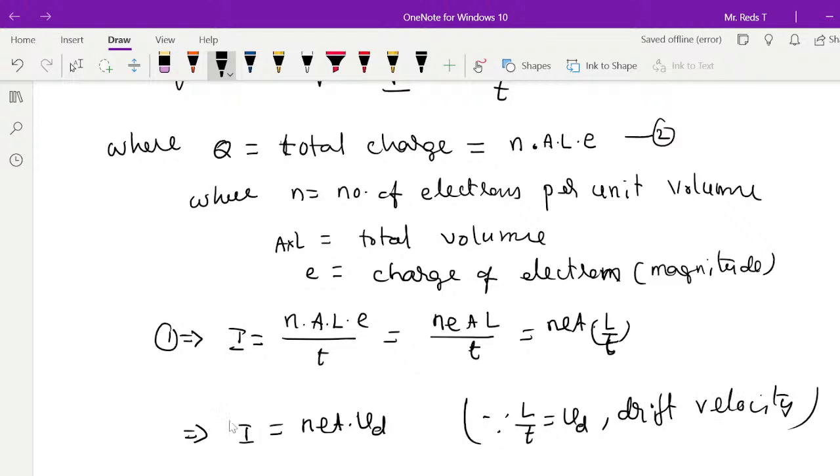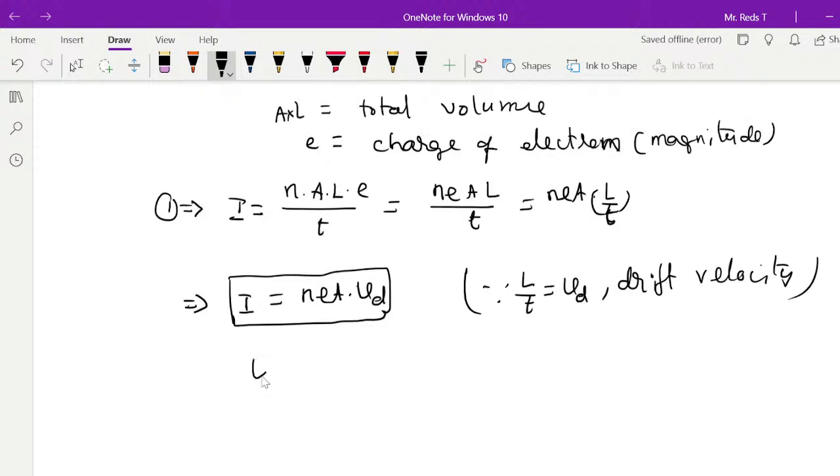This is the relation between current and drift velocity, or you can also write V_D as the expression for drift velocity in terms of current.